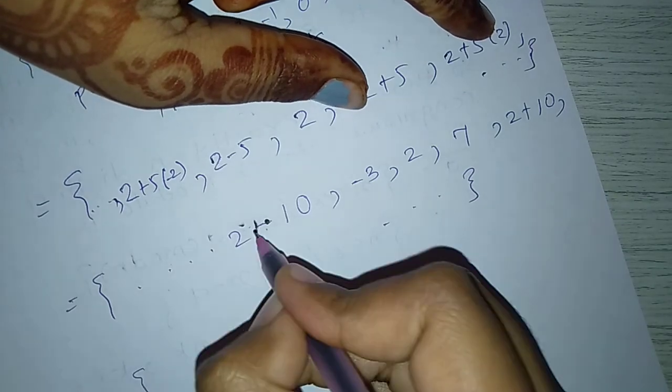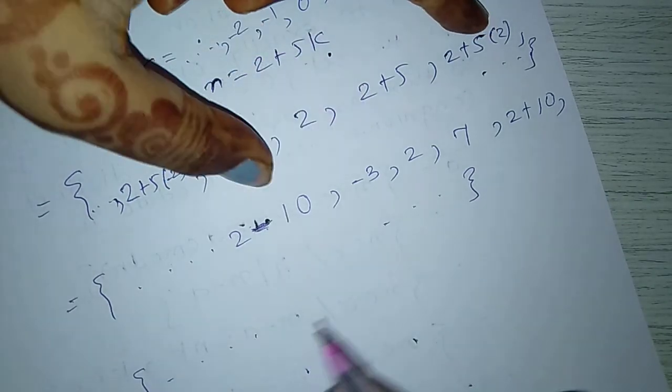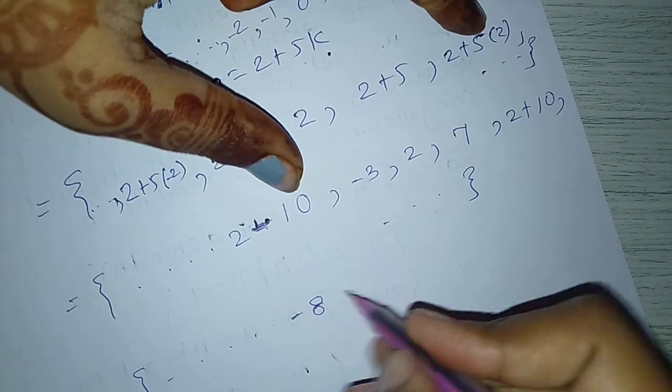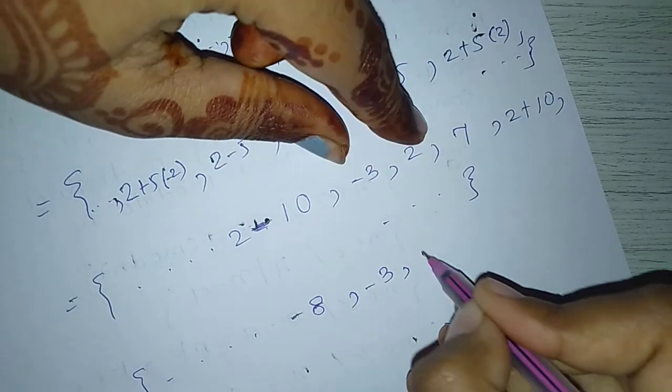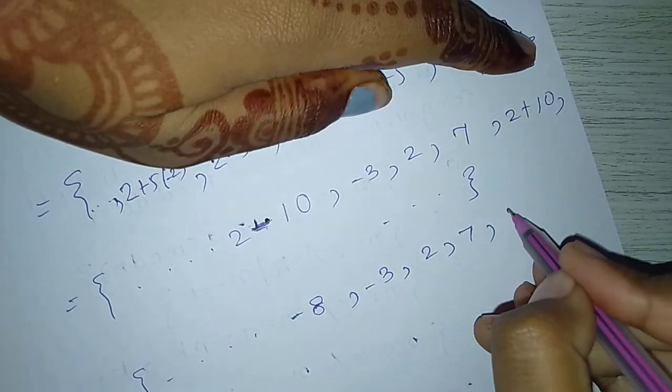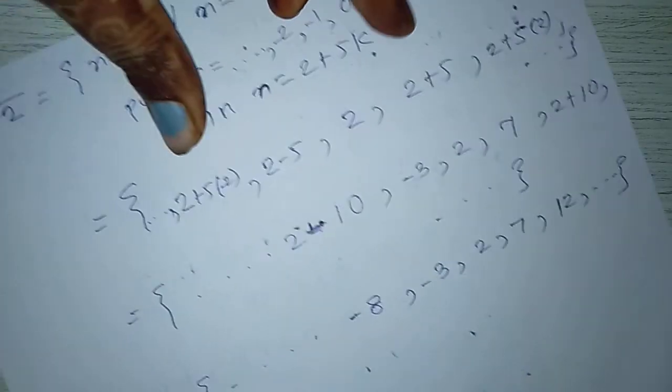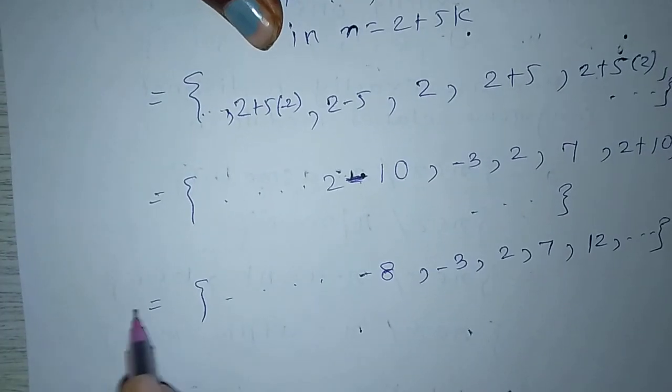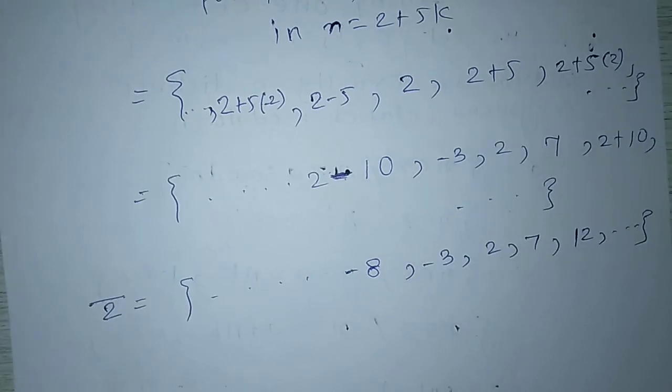So the set is: and so on, 2 minus 10 is minus 8, minus 3, 2, 7, 2 plus 10 is 12 and so on. This is the equivalence class of 2.